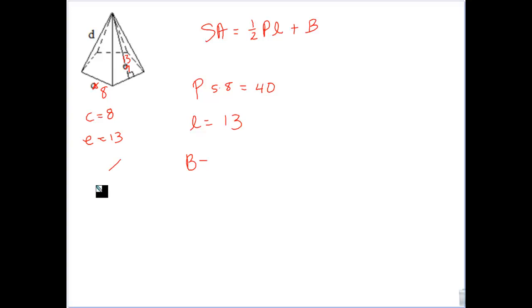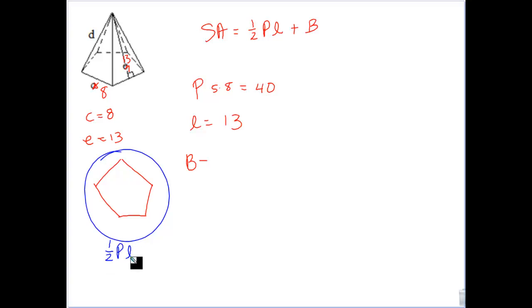So now we need the area of the base. Well, we have a pentagon. So to find the area of a pentagon, we have to take 1/2 perimeter times apothem. Well, we already know the perimeter is 40, so we just need to find the apothem.